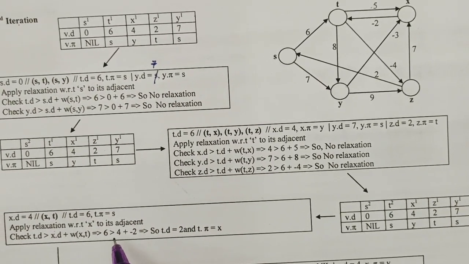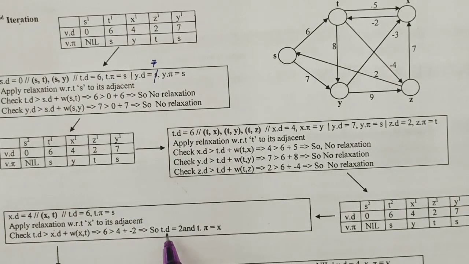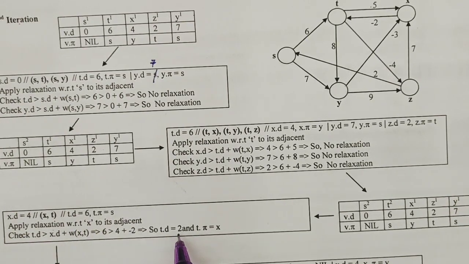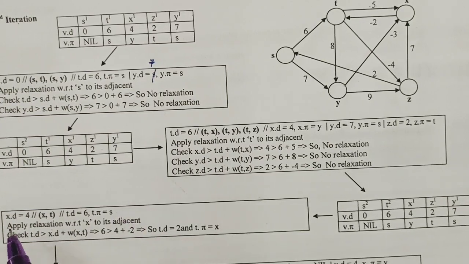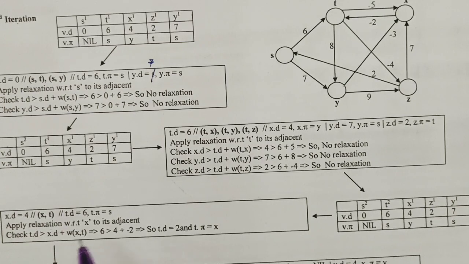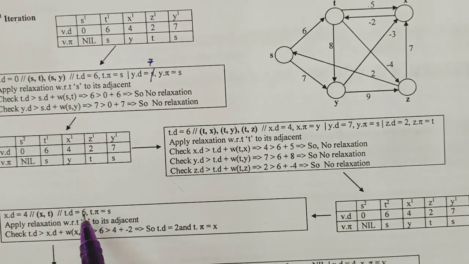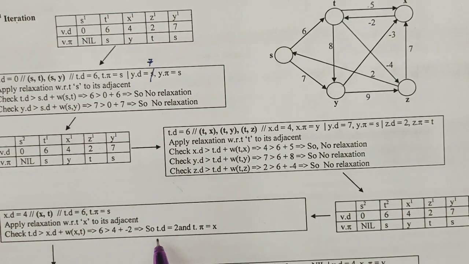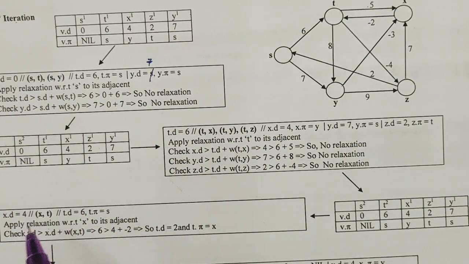Successful relaxation for t with respect to x. So the new d parameter value of t is reduced from 6 to 2, and definitely its pi value is changing from s to x, because x is the responsible predecessor by which the shortest path estimate for t is reducing from 6 to 2. So new t dot d value is 2, new t dot pi value is x.